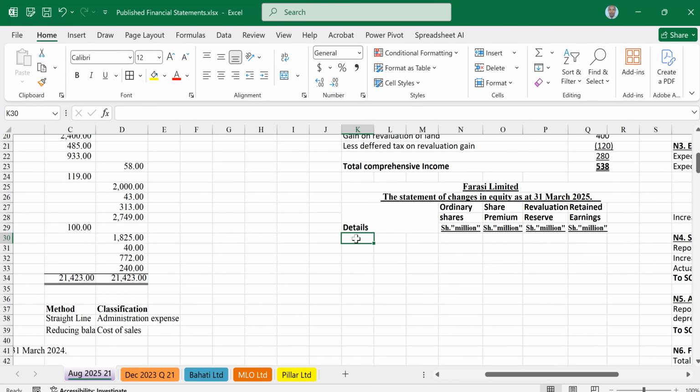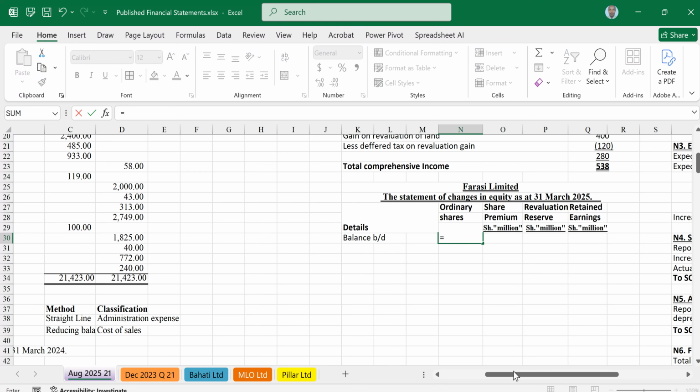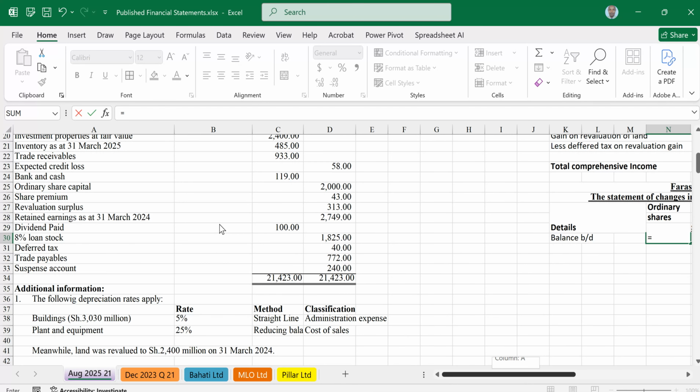Now the statement of changes in equity, where we will be starting with the balance brought down. Now the balance brought down for ordinary shares is 2,000.